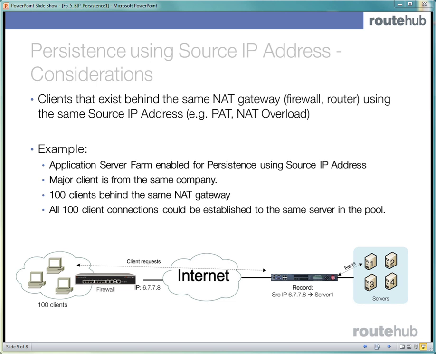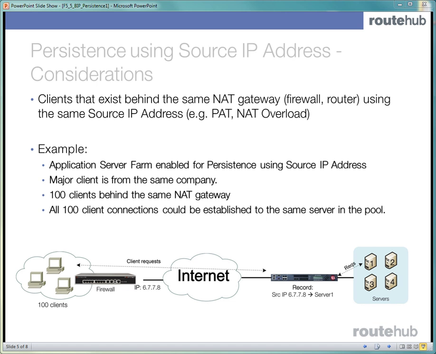So for example, let's say that you host an application that is being load balanced, and you need to make sure that each client stays connected to the same server in the pool, or the session itself could break. Let's say that half of your clients who will connect to the server farm exist from the same company behind a firewall or a router enabled for NAT.